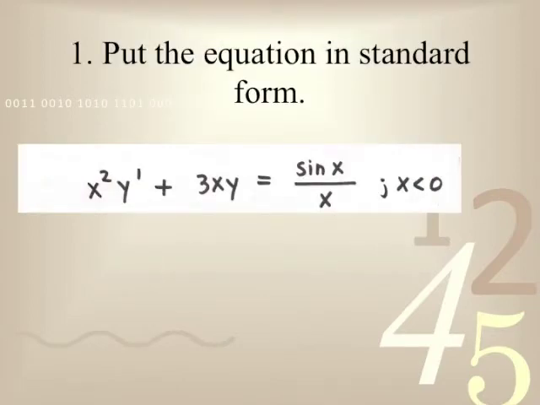Thus, we can go ahead and start with the equation that's given to us to solve. Notice if we want to put this in standard form, we'll have to divide everything by x squared.